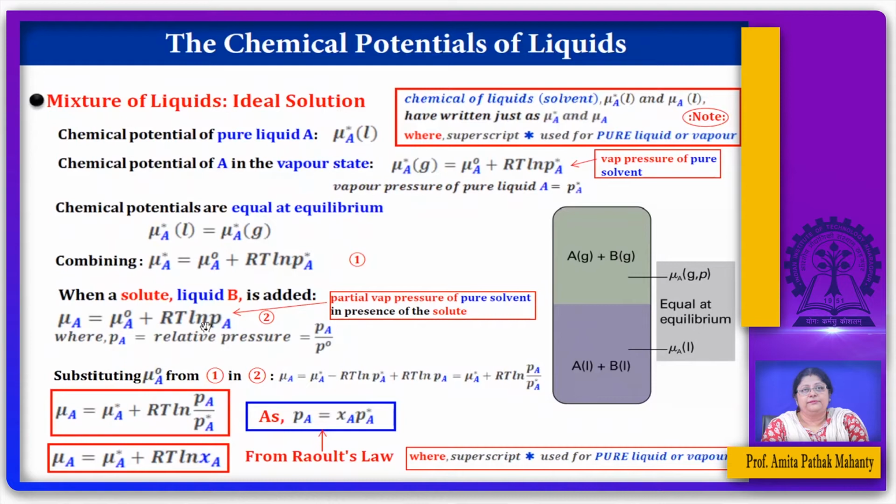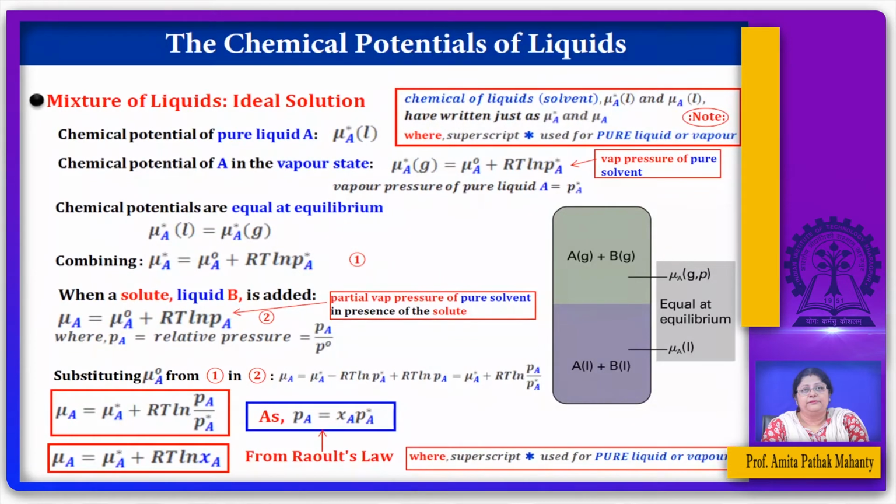Now this PA is the partial vapor pressure of the solvent, because we can no longer use PA star. PA star means only the solvent was there. Now we have another liquid designated as solute, so I have to modify the equation of the chemical potential. The modified equation is this equation 2. Please always remember that P naught is below this, which I have not written.